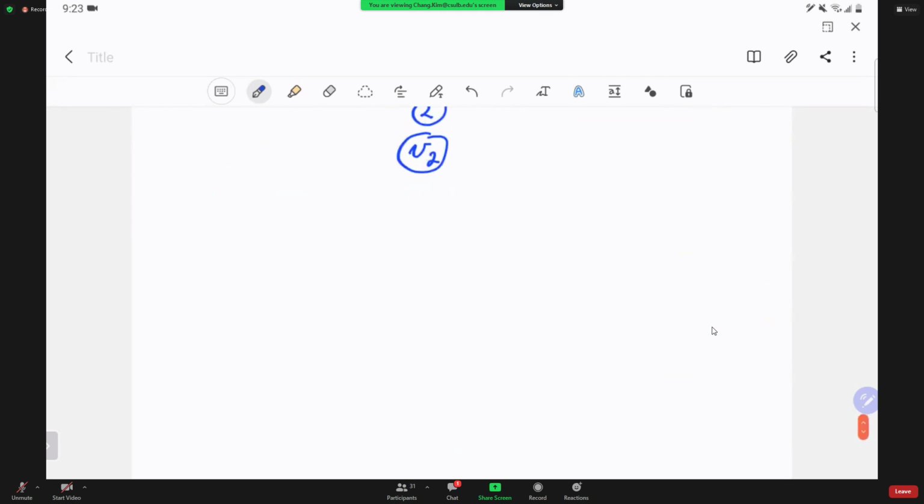So start from T1 plus U12 is equal to T2.